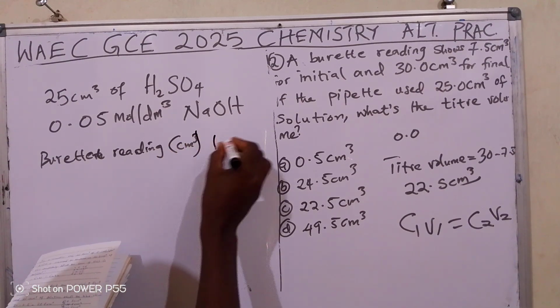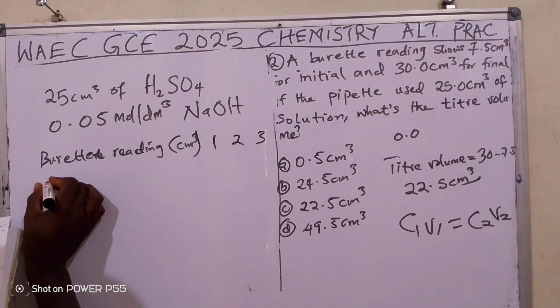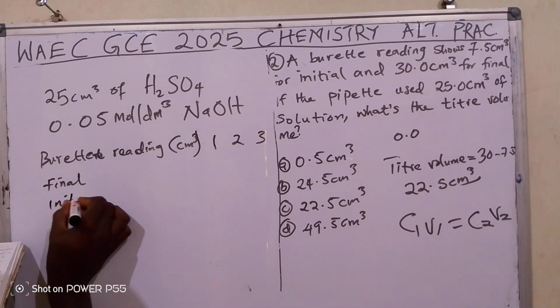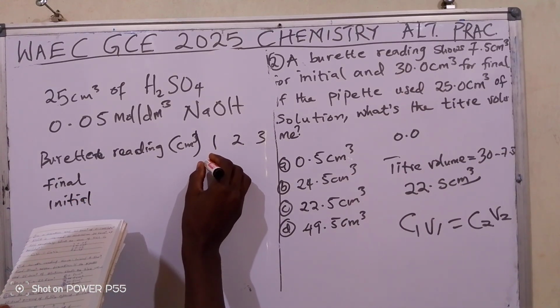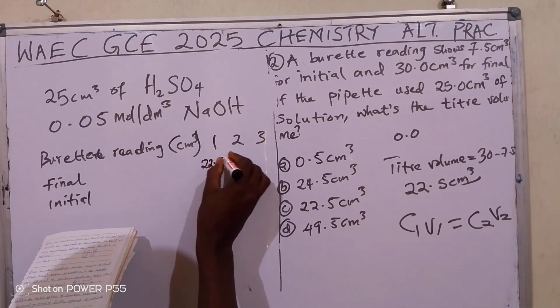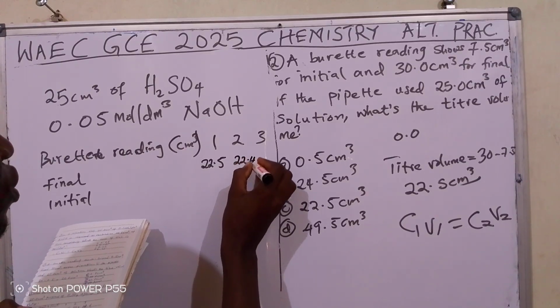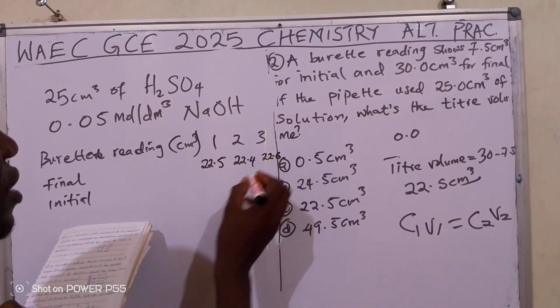So we have first reading, second reading, and third reading. So then here we have final and we have initial reading. So the first here we have 22.5, the second reading we have 22.4, and the third reading we have 22.6.